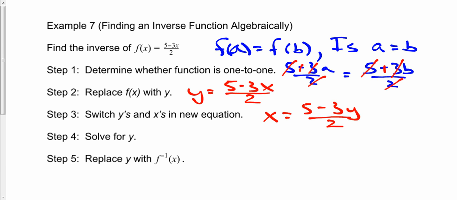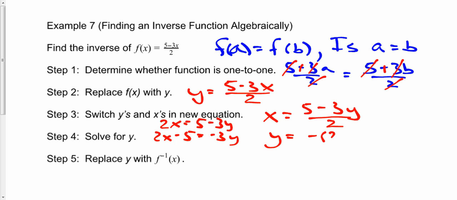So I multiply both sides by 2. So 2x equals 5 minus 3y. And then I subtract 5, so 2x minus 5 equals negative 3y. Divide by negative 3, and I get y equals negative 2x minus 5 over 3. Just like that. And then I replace y with f inverse of x.